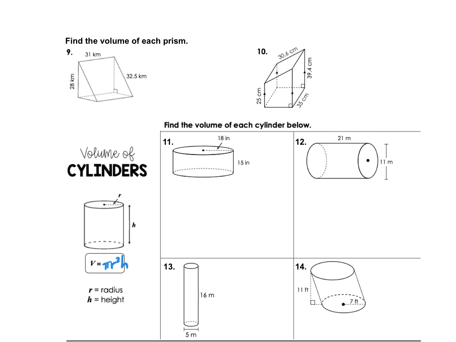So on number 12, what is my radius? 5.5. So the area of my circle, I don't know why I put a 1/2 there, sorry, is pi times r squared and then multiply by the height. And then you'll just plug that whole thing in the calculator.